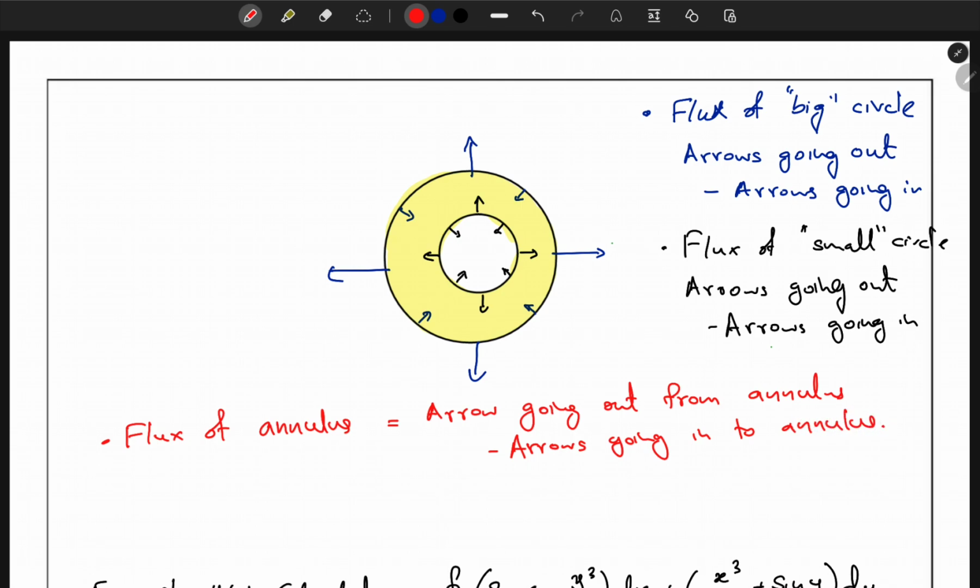Okay, arrows going out from the annulus are the things going out from the bigger circle and things going into the small circle.